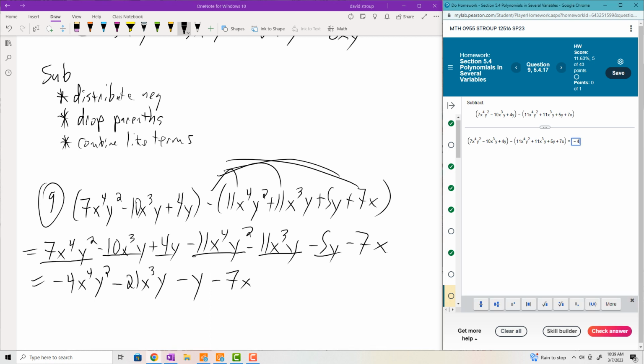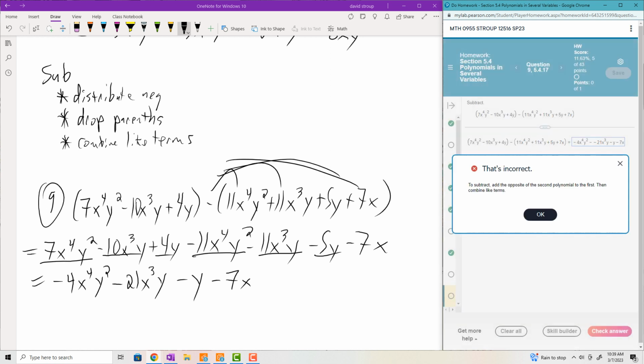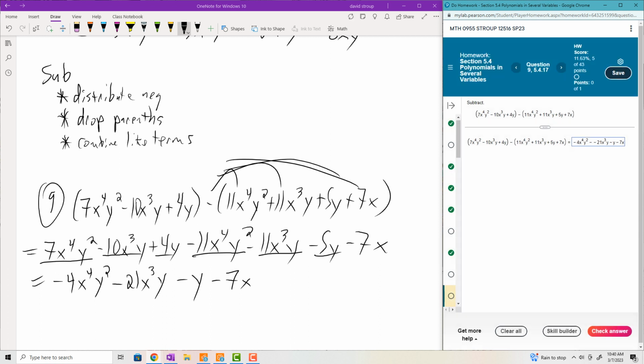So negative 4x to the fourth y squared minus 21x cubed y minus y minus 7x. Uh-oh. Oh, I put a double negative in there.